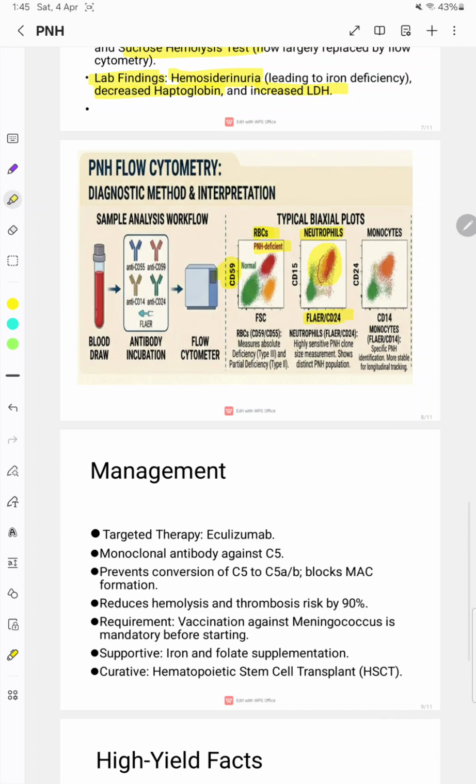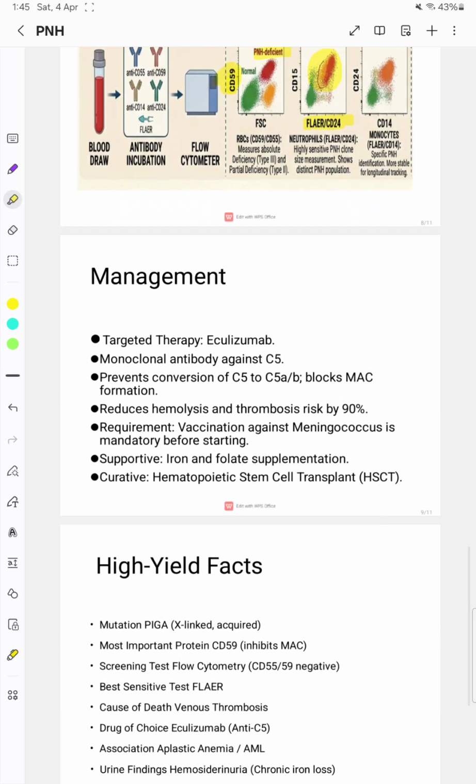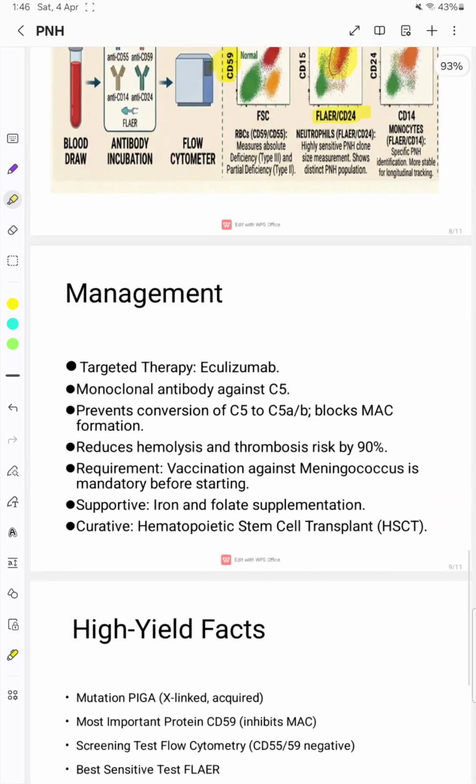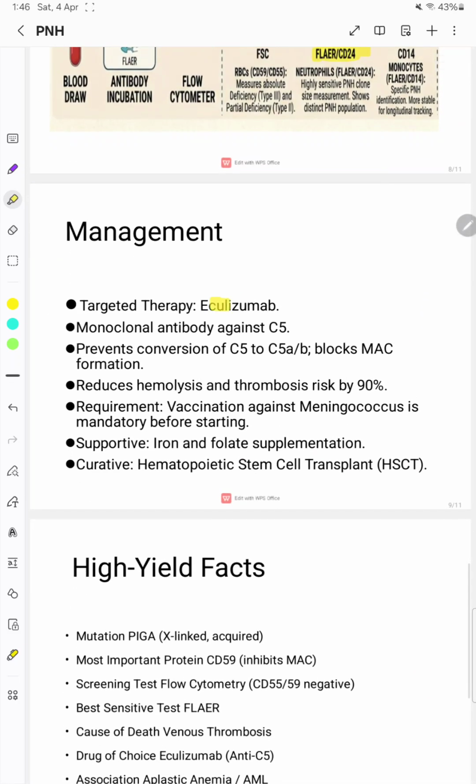So how to manage or treat a case of PNH? Targeted therapy like eculizumab is a monoclonal antibody that works against C5 and prevents the conversion of C5 to C5a and C5b, and ultimately blocks the formation of the membrane attack complex.